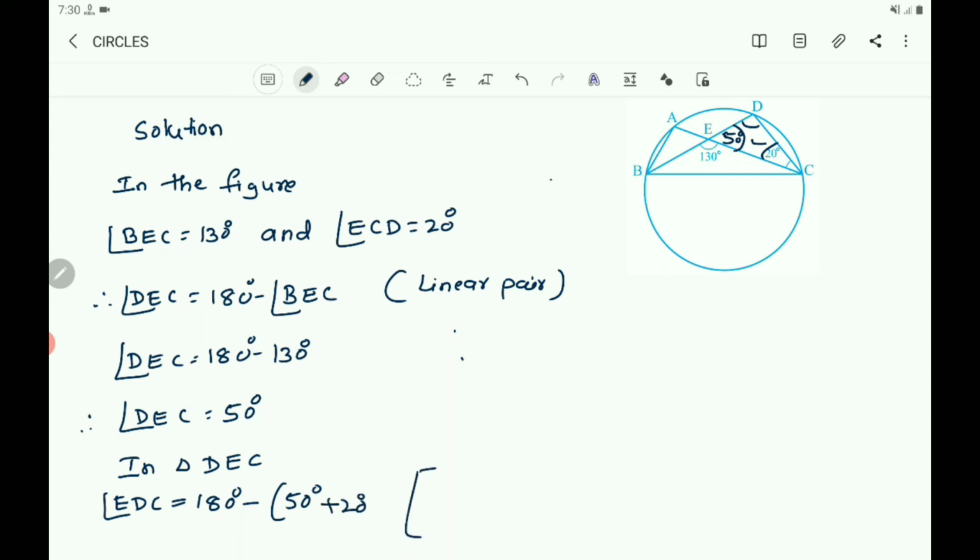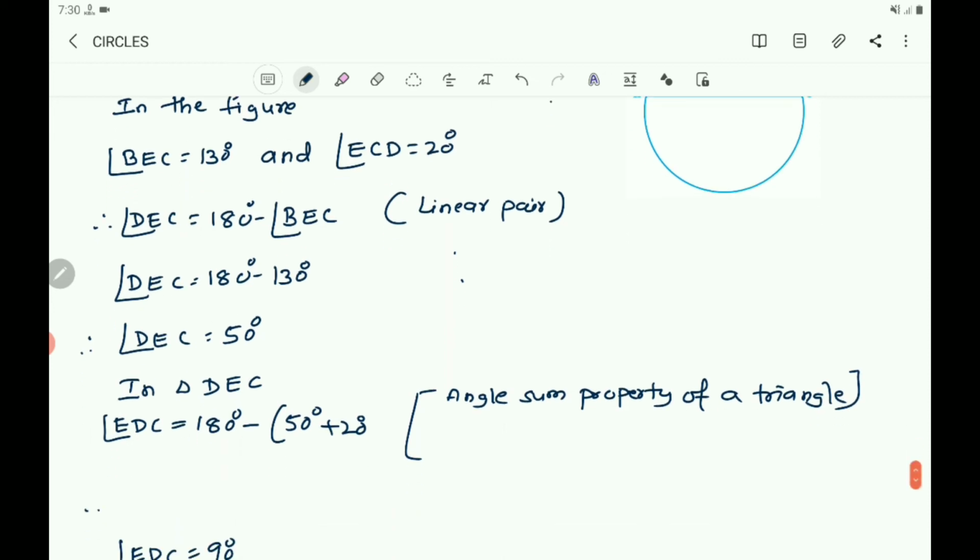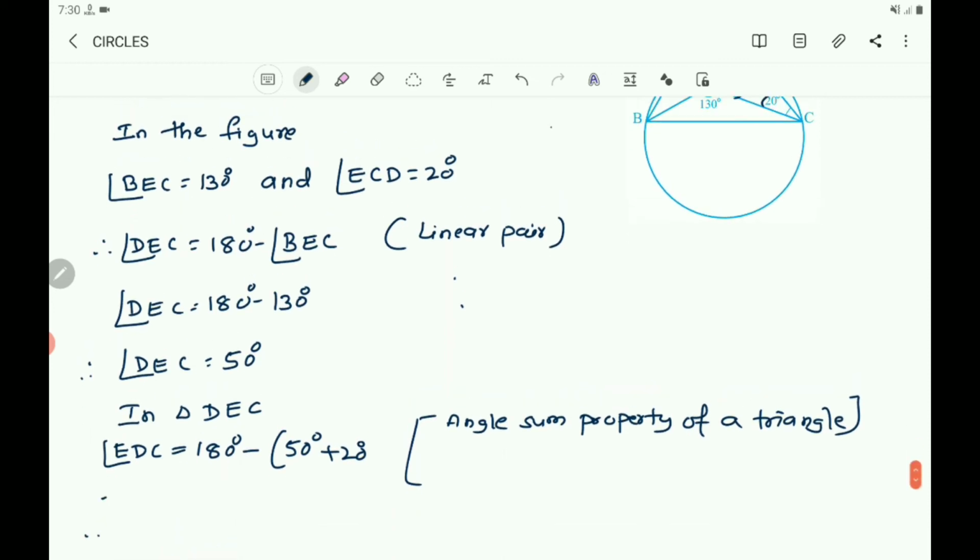So which property you can use? That is angle sum property of a triangle. Therefore you write, therefore angle EDC equals 180 degree minus 50 plus 20, that is 70 degree.